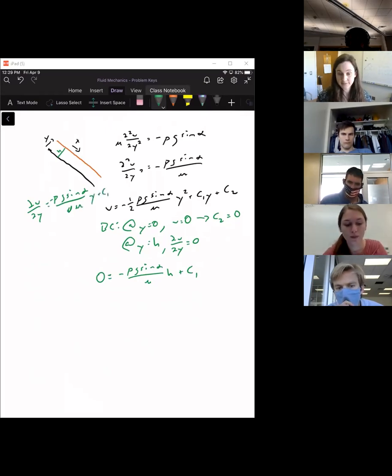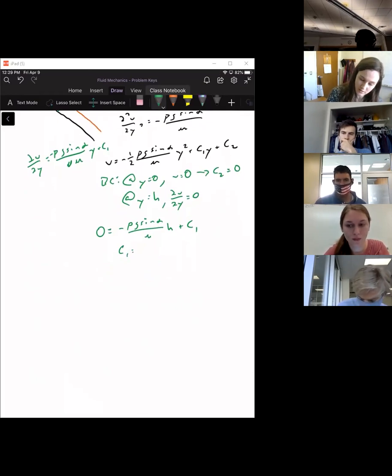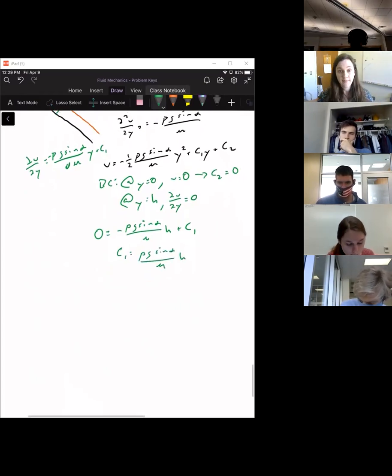Okay, to take the derivative of that, set it equal to 0. And so C1 has to equal rho g sine alpha over mu h.